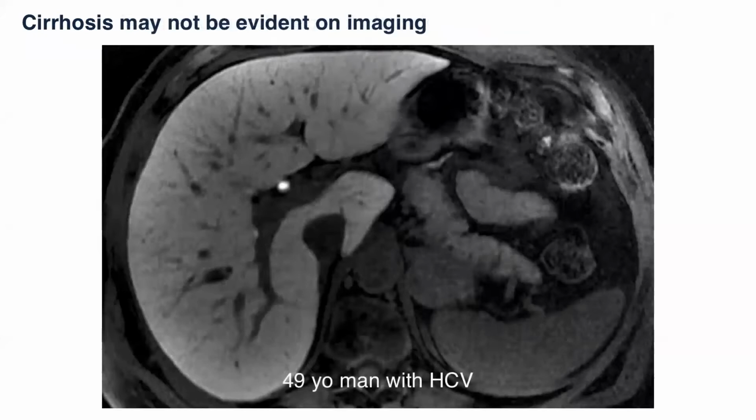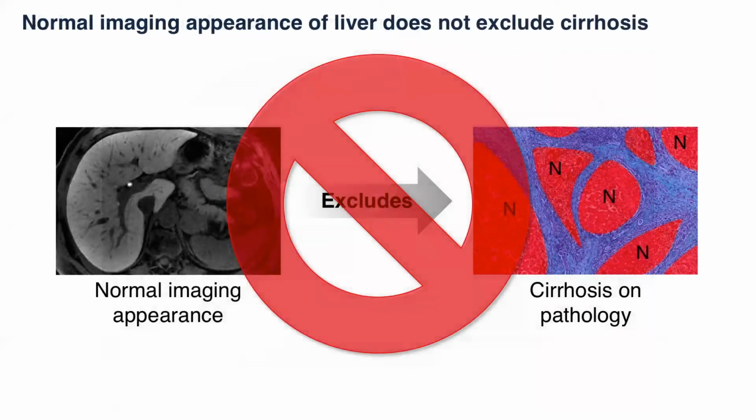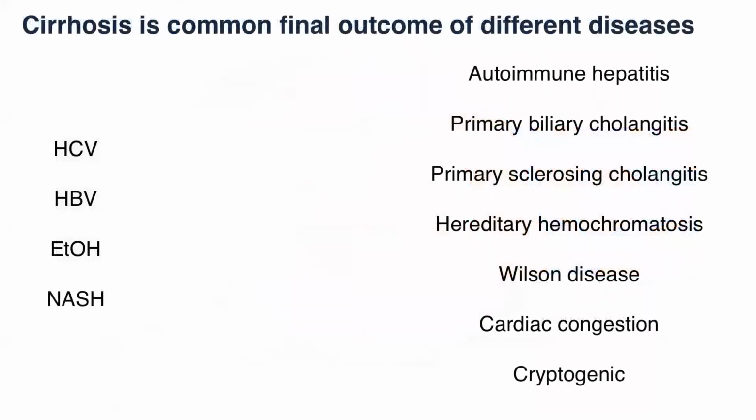Now, this particular patient has cirrhosis, but I don't think any of us would be able to look at this liver and say confidently that this is a cirrhotic liver. So the bottom line is that if the liver has a normal imaging appearance, that does not exclude cirrhosis. Imaging using morphologic manifestations has low sensitivity for the diagnosis of cirrhosis.